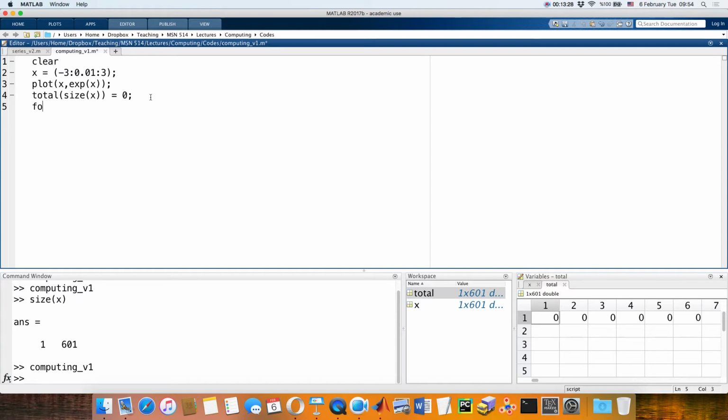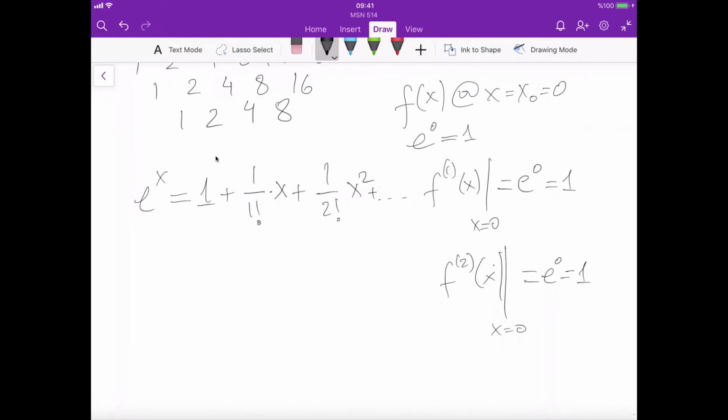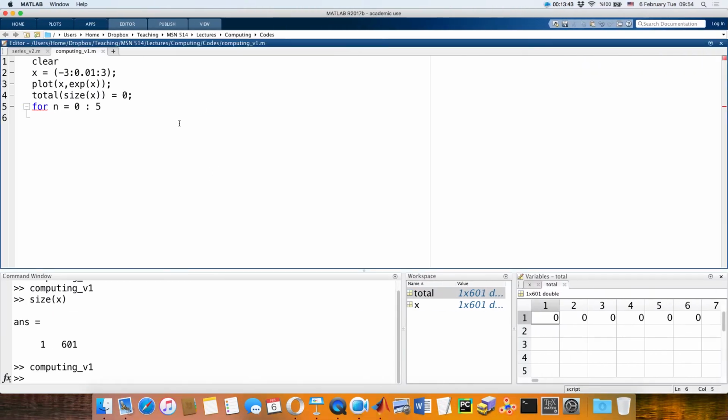Now I will start adding functions. Let's say for n equals 0 to 5, I'm taking the first 6 elements of this series, okay? Let total be equal to x dot to the n.